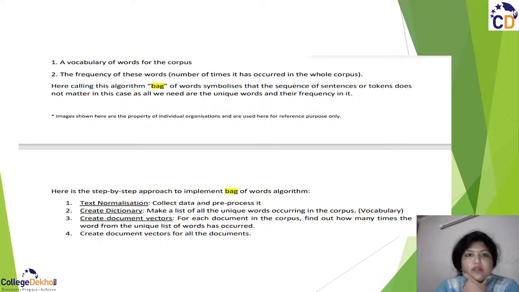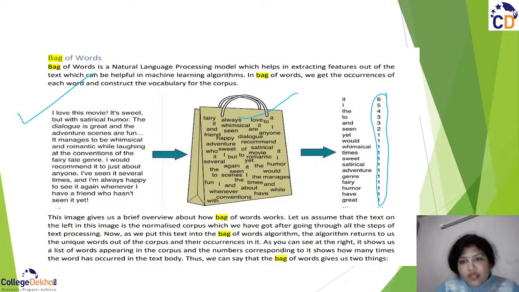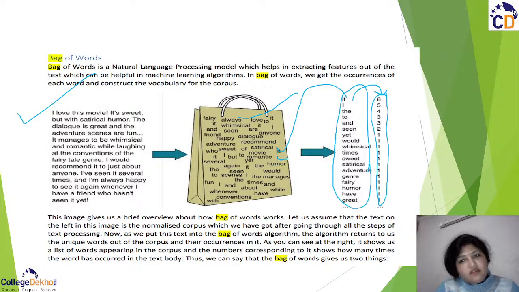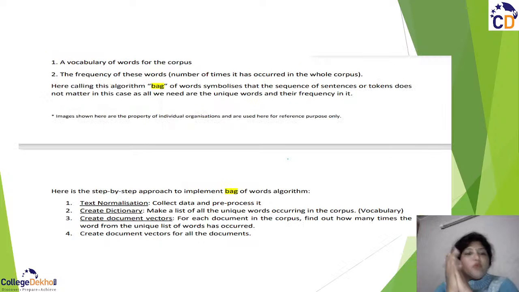Calling the algorithm bag of words symbolizes that the sequence of sentences or tokens does not matter, as all we need is the unique words and the frequency. So these are the two important points which we get.